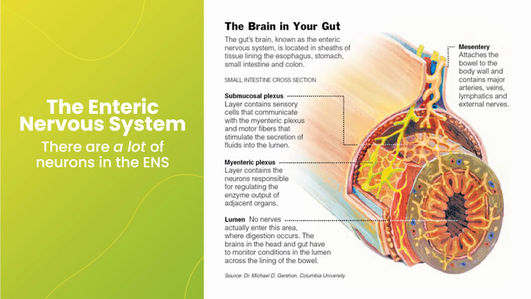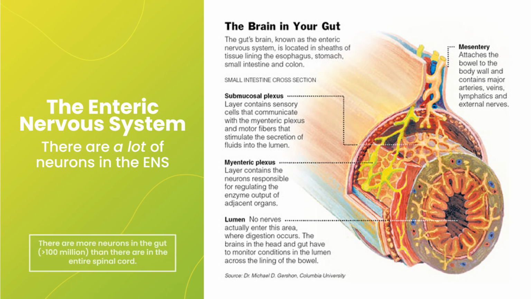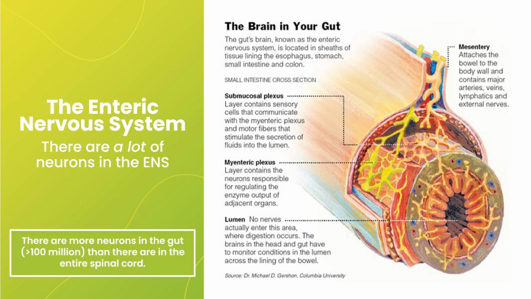The one fascinating thing about the gut is that it is powered by its own nervous system, the enteric nervous system. Now, there are a lot of neurons in the enteric nervous system. In fact, there are more neurons in the gut, over 100 million, than there are in the entire spinal cord.